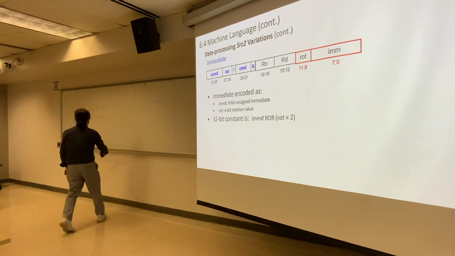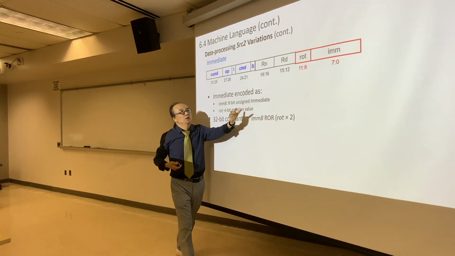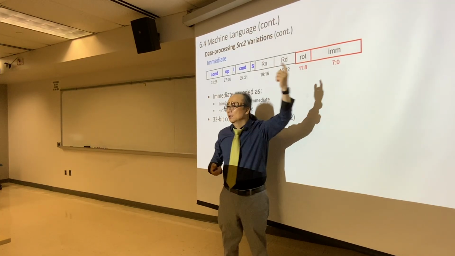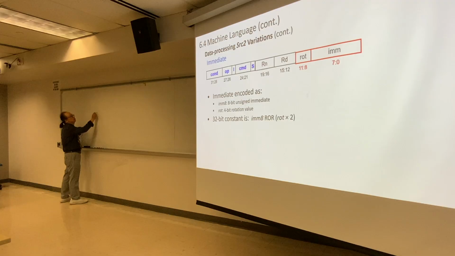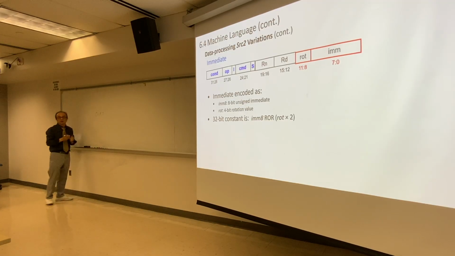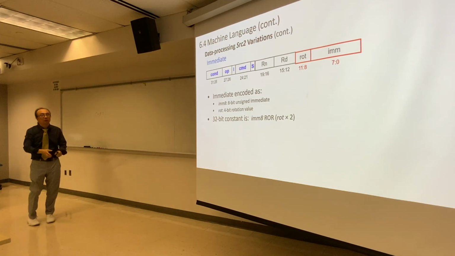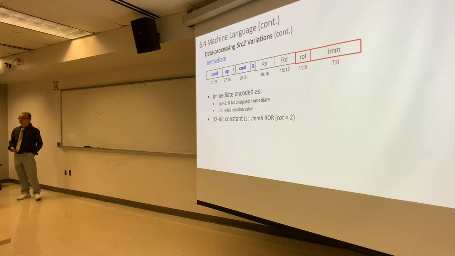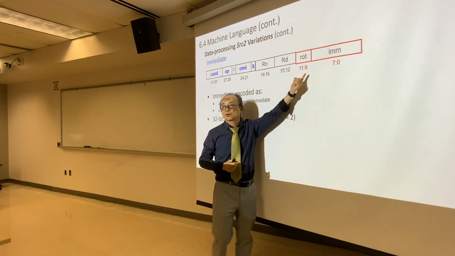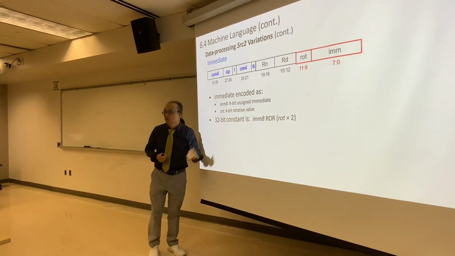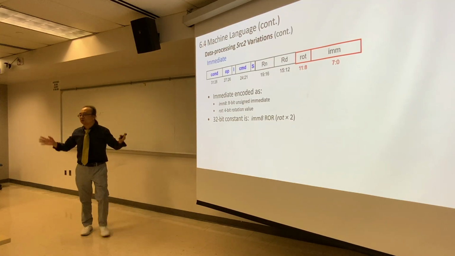For the immediate, let's take a look. We have to have an immediate 8. Only 8 bits. If you recall, last time I said we can have only 2 digits of hexadecimal for the immediate value. Why? Because in the format, we have only 8 bits as an immediate, so we cannot go any beyond that. And there's a ROT, the rotation value. Only 8 bits is not enough to put a large immediate number.